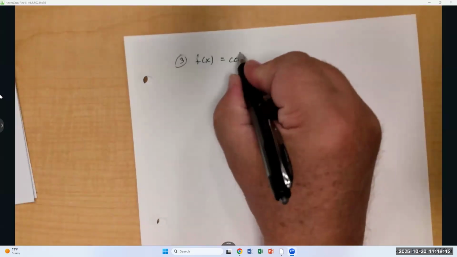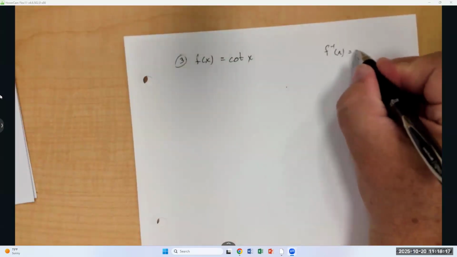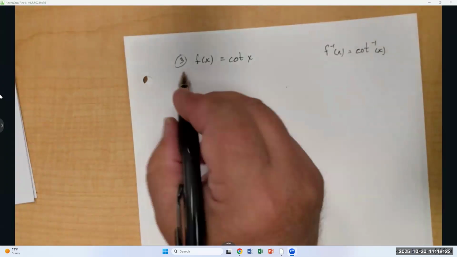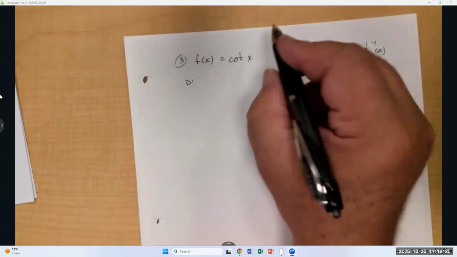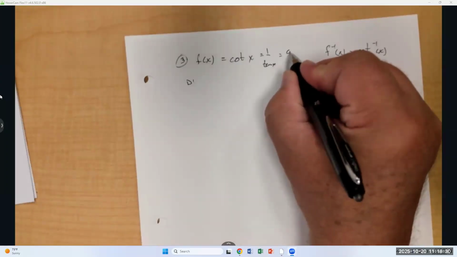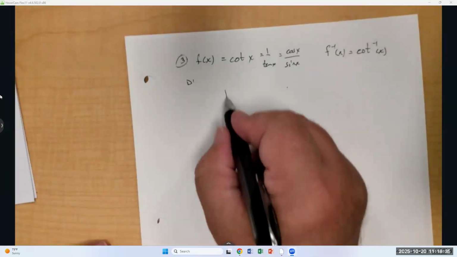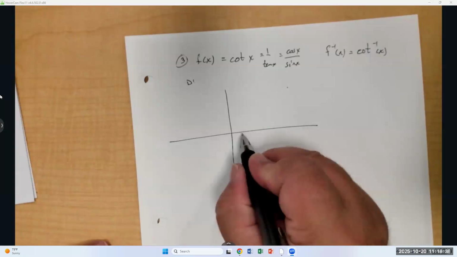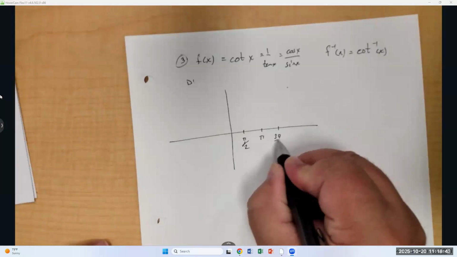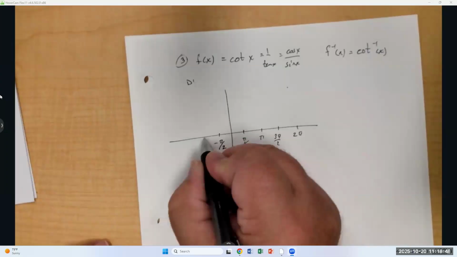The cotangent function, and its inverse, the inverse of cotangent. The domain: cotangent is 1 over tangent, which is the flip of tangent, which is cosine over sine. So we have to see where our vertices are.